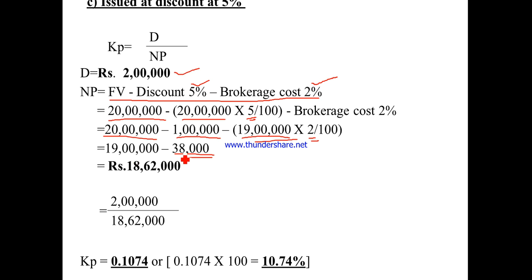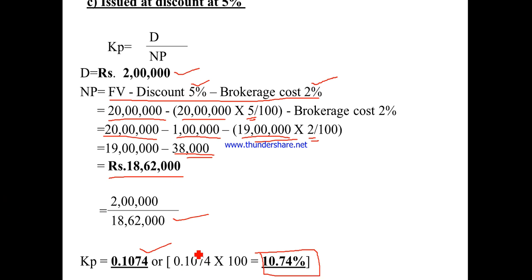Therefore 19 lakh minus 38,000, net proceeds is 18 lakh 62,000. Now the cost of preference share capital is 2 lakh divided by 18 lakh 62,000, which equals 0.1074. Multiplied by 100, you get 10.74%.